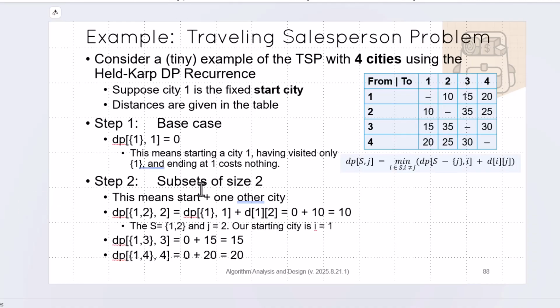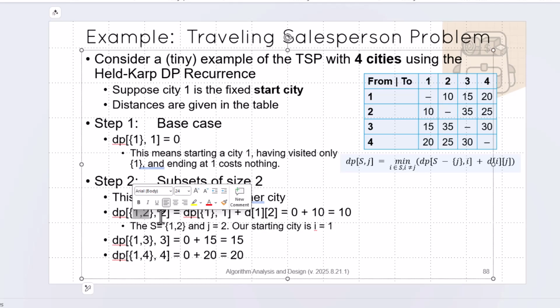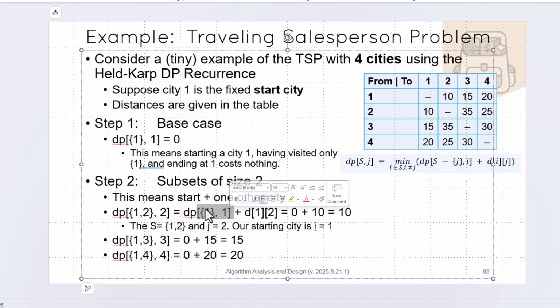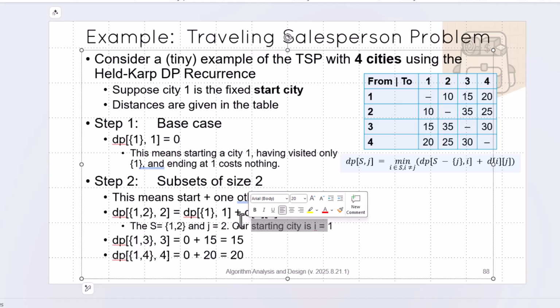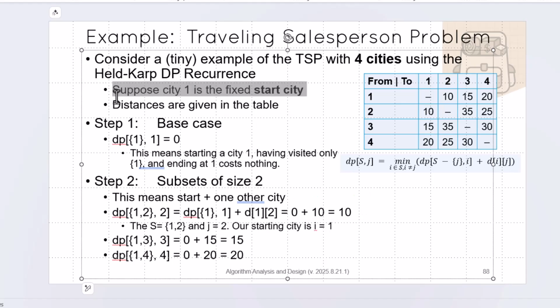So that's the end city, visiting cities 1 and 2, ending at 2. So we take dp of {1}, 1 plus d of 1, 2, which equals 0 plus 10, that's 10. So the set S equals {1, 2}, the end j is 2, and our starting city, we assume, is 1, given as the fixed start city through this entire exercise.